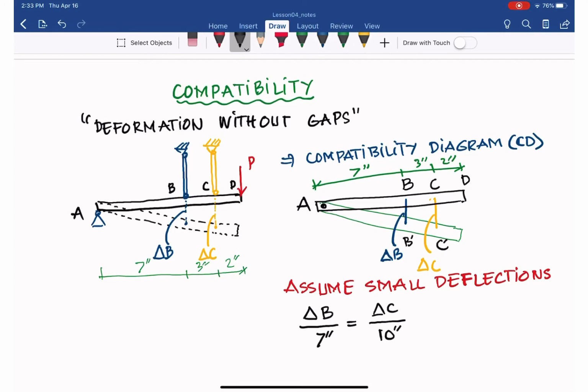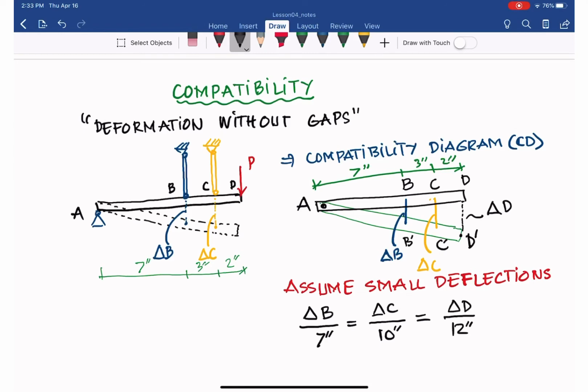And if we want the point D going down to D apostrophe, to find the deflection at point D, then it equals delta D over 12 inches.